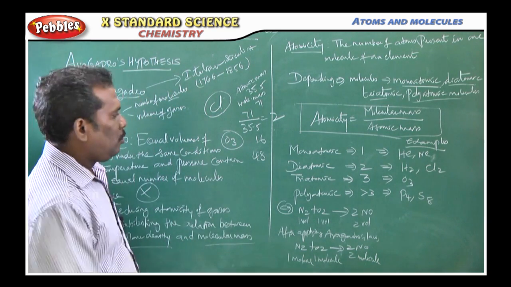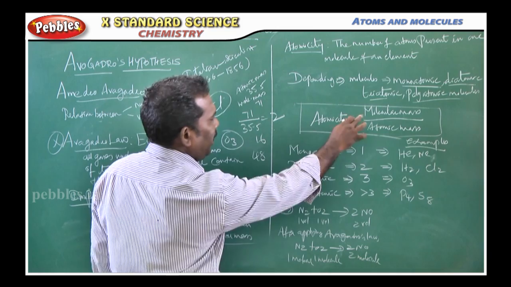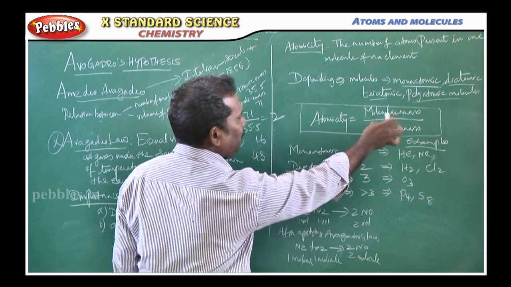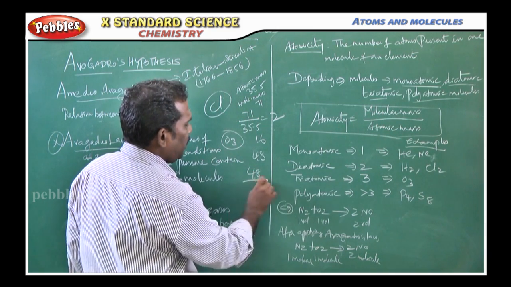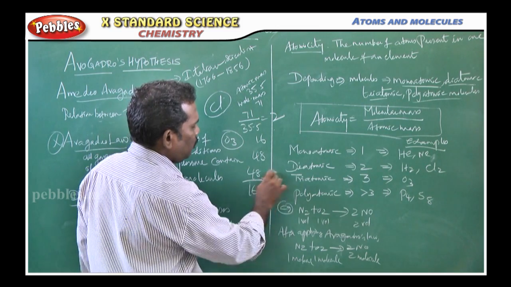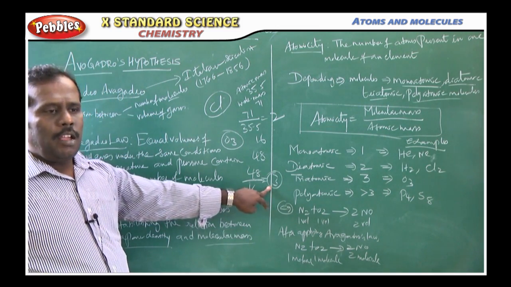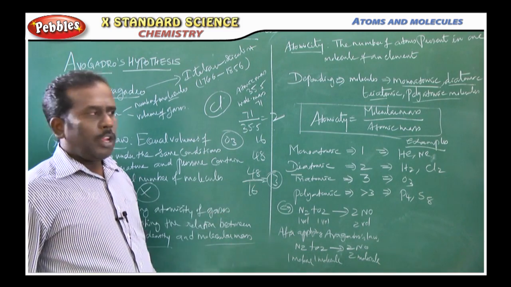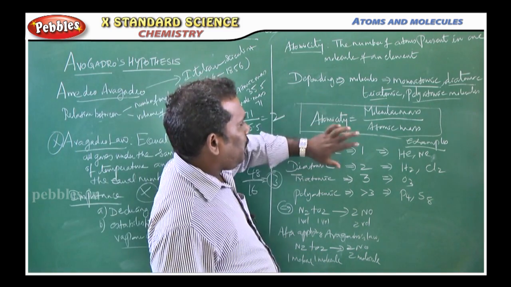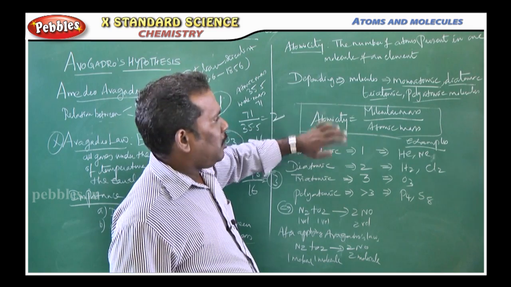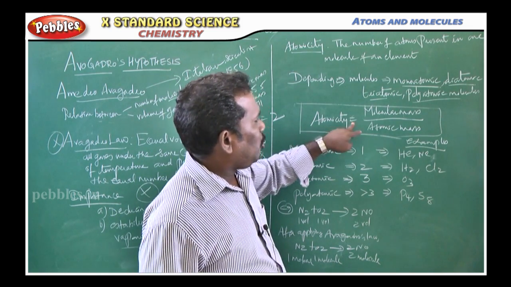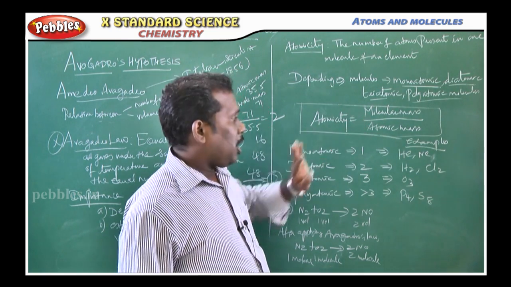The formula is atomicity equals molecular mass divided by atomic mass: 48 divided by 16. So what is the atomicity of ozone? It is 3. Based on this, we use the atomicity formula: atomicity equals molecular mass divided by atomic mass.